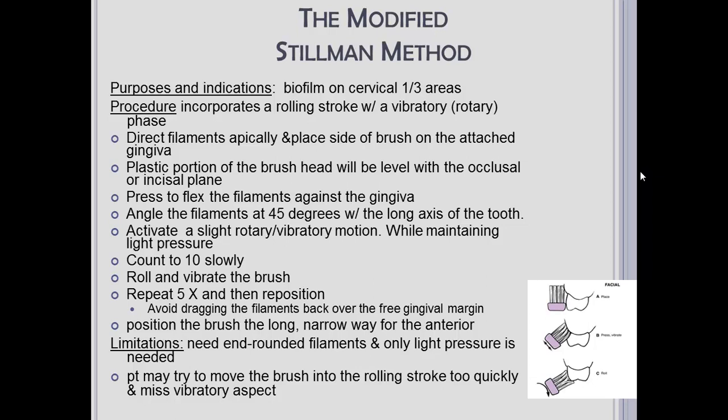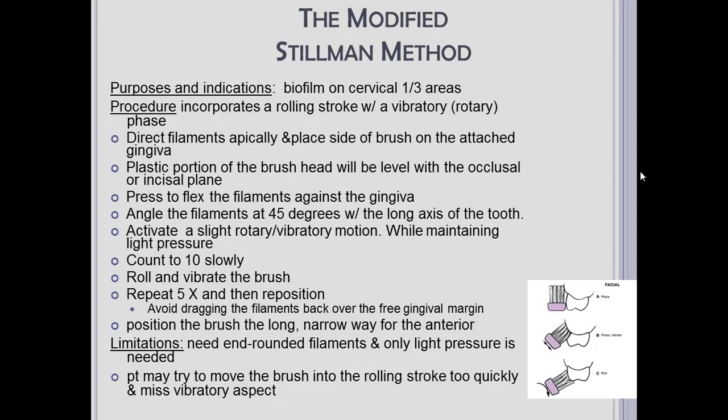So the modified Stillman is basically when you're trying to remove biofilm on the cervical third, and it's incorporating a rolling stroke with the vibratory phase. Okay, so basically it's that roll stroke plus a vibration. So you're going to direct the filaments apically and place the side of the brush on the attached gingiva.